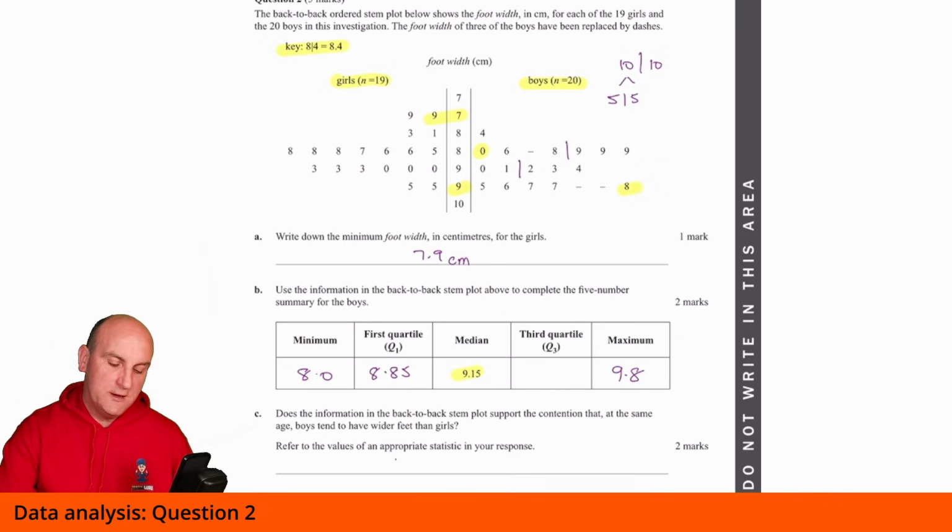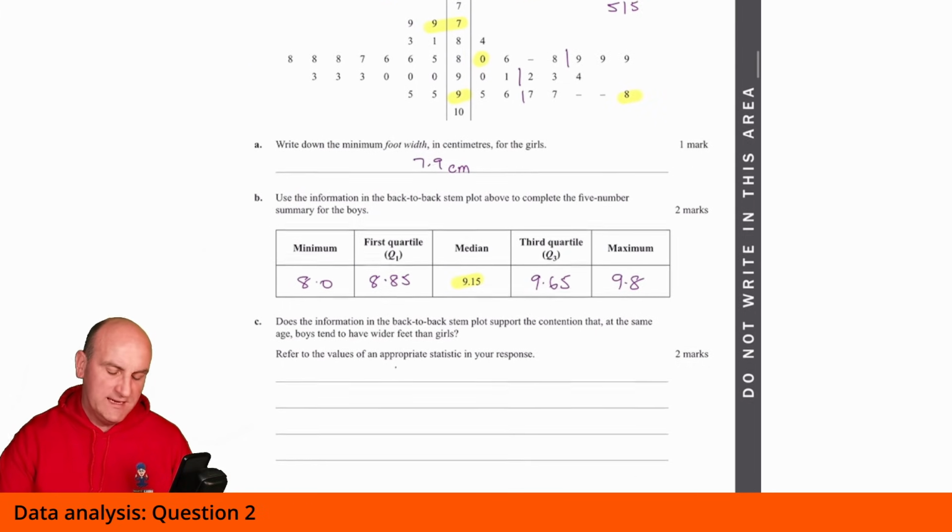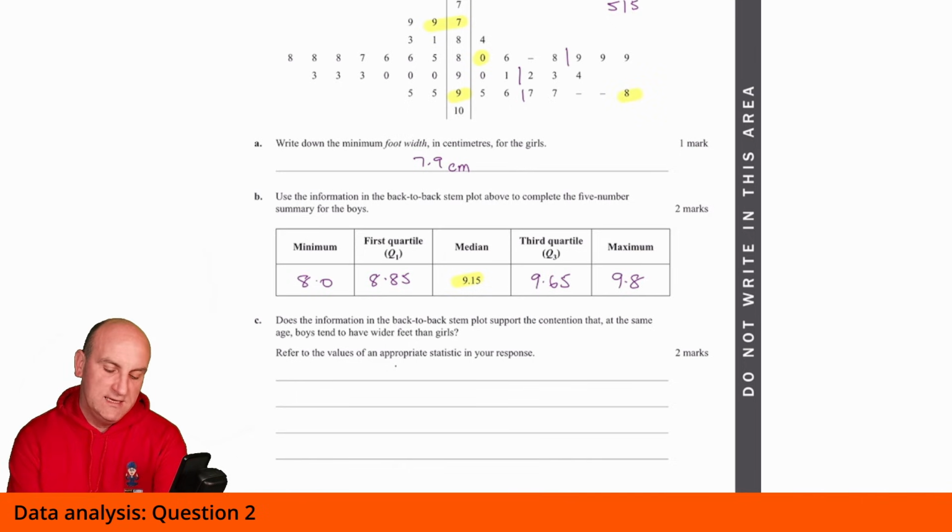My third quartile. Well, again, I want 5 data items from the end. So let me see. 1, 2, 3, 4, 5. And let's do that line there, I think it was. Yep, so it's going to be 9.65. So there we go, 9.65. Ka-ching!